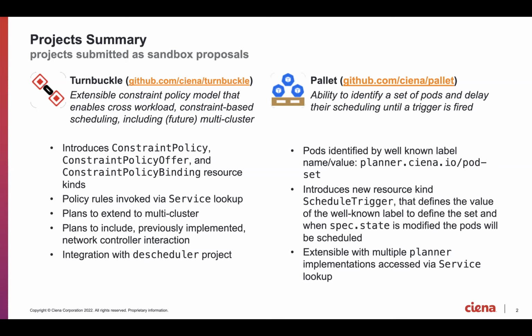And the idea behind a network controller, and I'll talk a little bit more detail about later though, is that during scheduling or during what we call remediation, when a constraint has been violated, we can reach out to the network via the network controller to perhaps correct the issue. So we call it a network controller. It really is a remediation controller because it doesn't necessarily have to deal with networking.